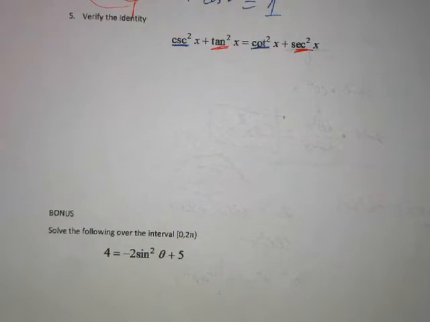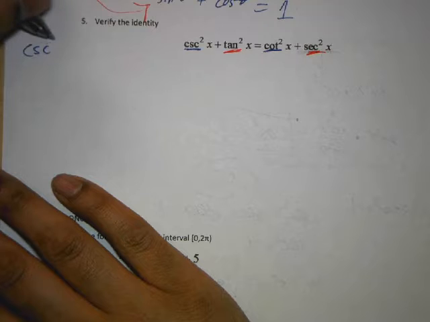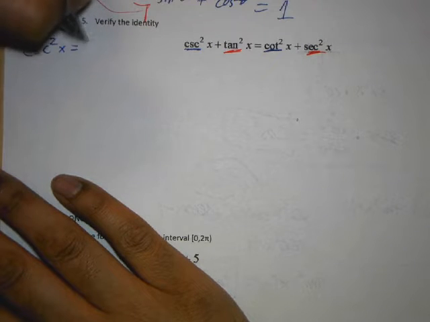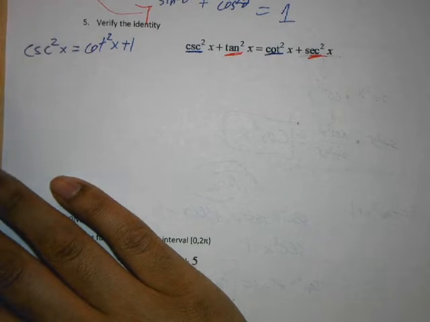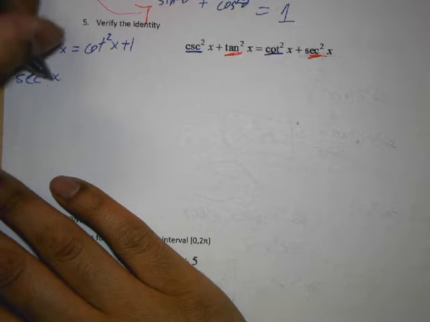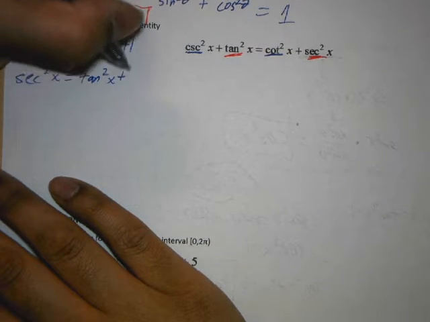You can check your identity page for those Pythagorean identities, okay? Let's write them out over here. Cosecant squared x equals cotangent squared x plus 1, and secant squared x equals tangent squared x plus 1.